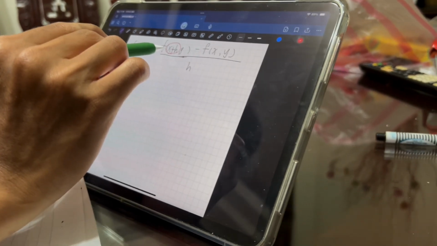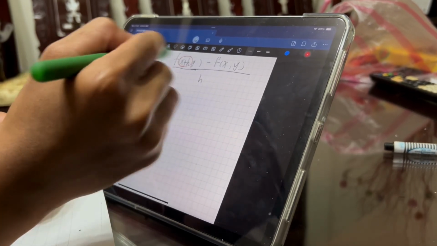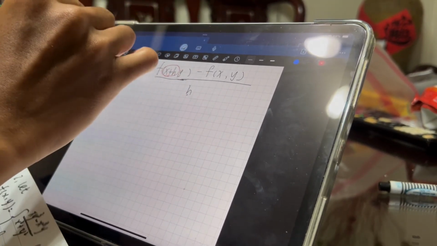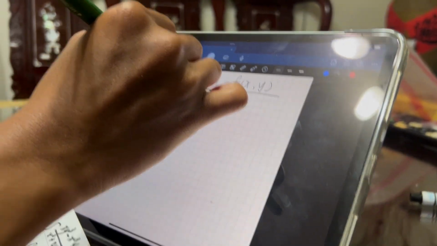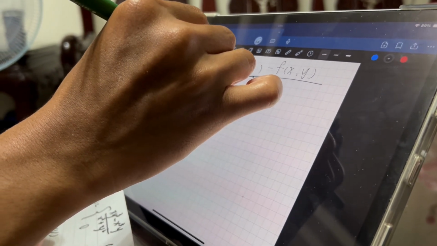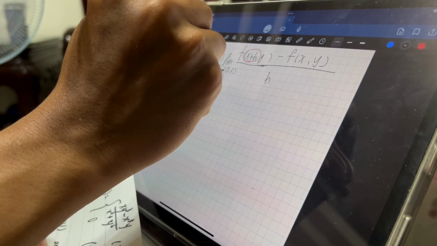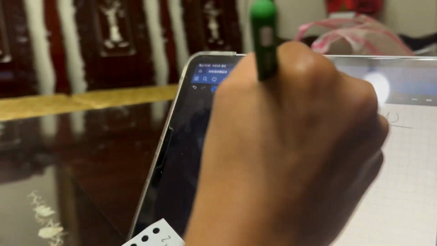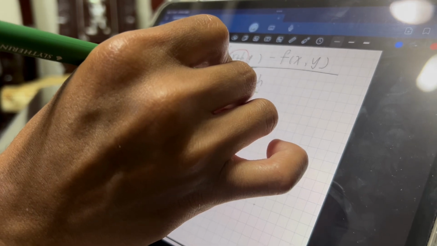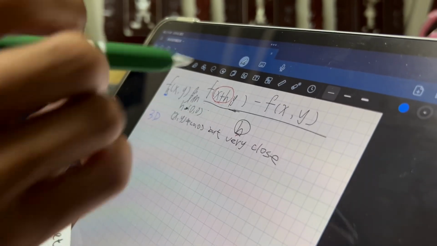So we write f of x plus h, y minus f of x, y, divided by h, with the limit as h is close to 0. The question has told us that when x, y are not equal to 0, 0 but very close, h is nearly 0.